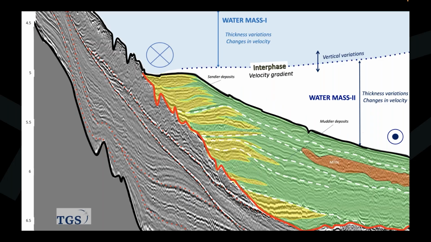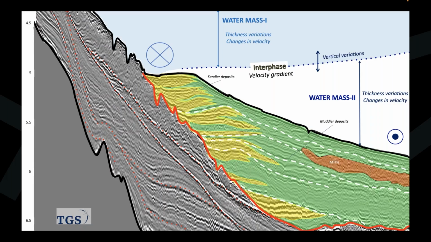For example, in this example, I included in yellow the potential location of sandier deposits, and then in green, more fine-grained sediments. So the thing is that all these sediments are here because of gravity, but then laterally affected by the water masses and also by secondary processes.